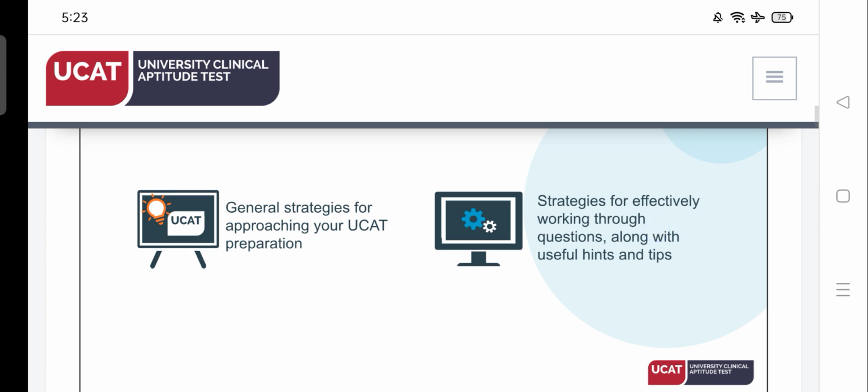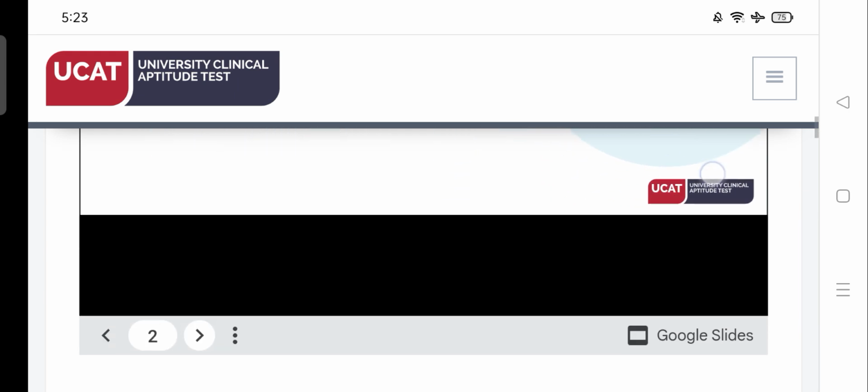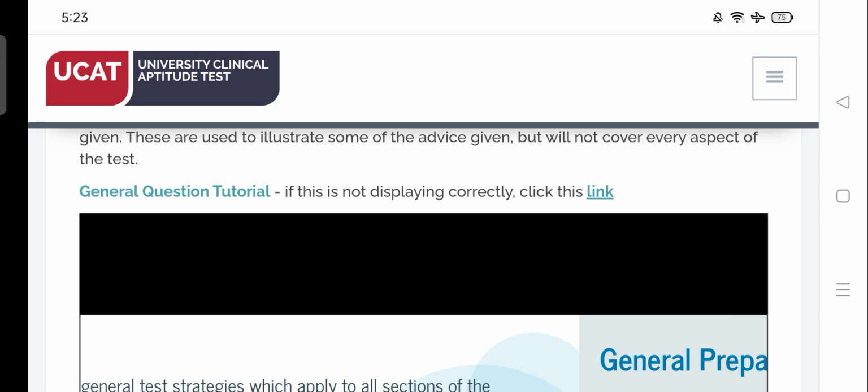First we're going to learn about general strategies for approaching your UCAT preparation, and then we have strategies for effectively working through questions, along with useful hints and tips. So these are the main points that we're going to learn in this section.